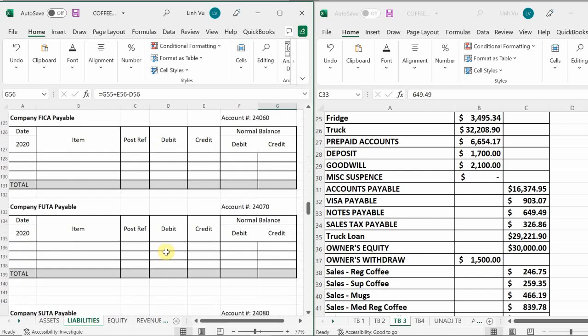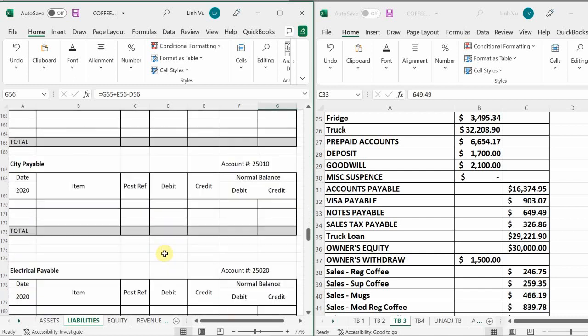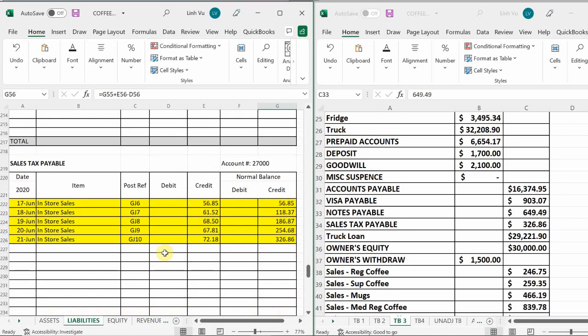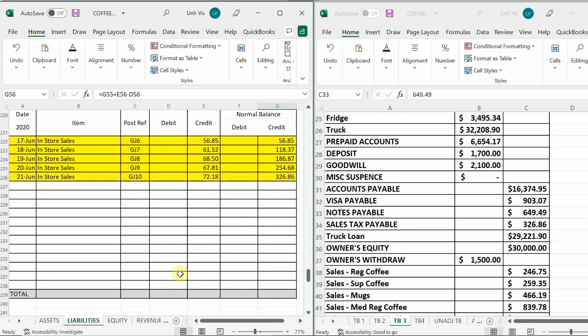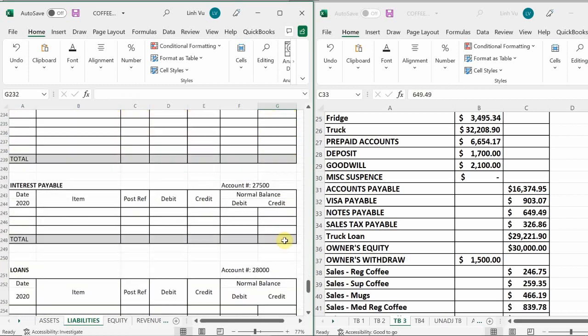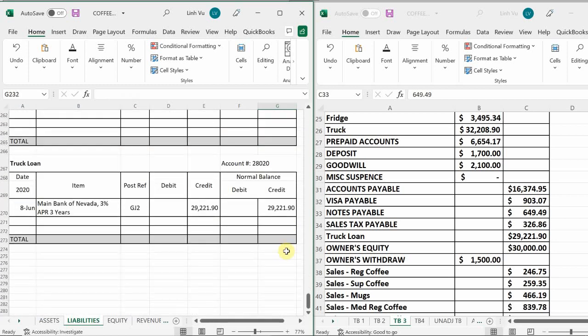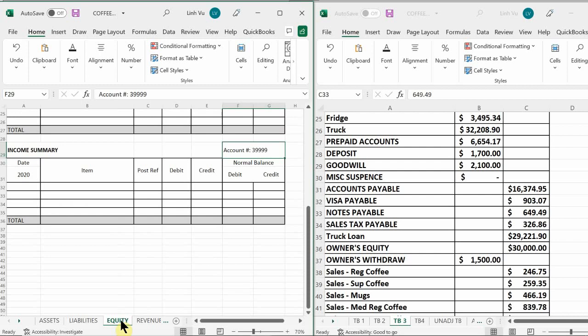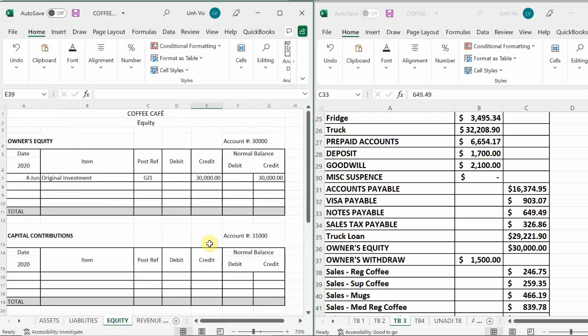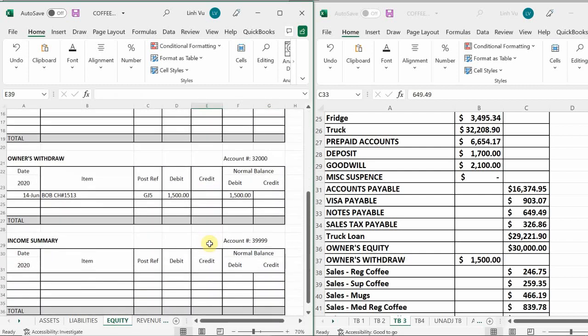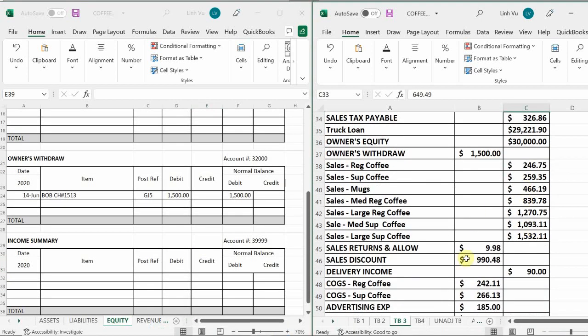I don't have anything else here except for my sales tax. My sales tax is at $326.86, and my loan is for $29,221.90. So that should be good right there. And of course, my equity hasn't changed either, right? It's still $30,000, and I have an owner's withdrawal for $1,500. So that is good. So that means my answers must be affected by my sales or something else.